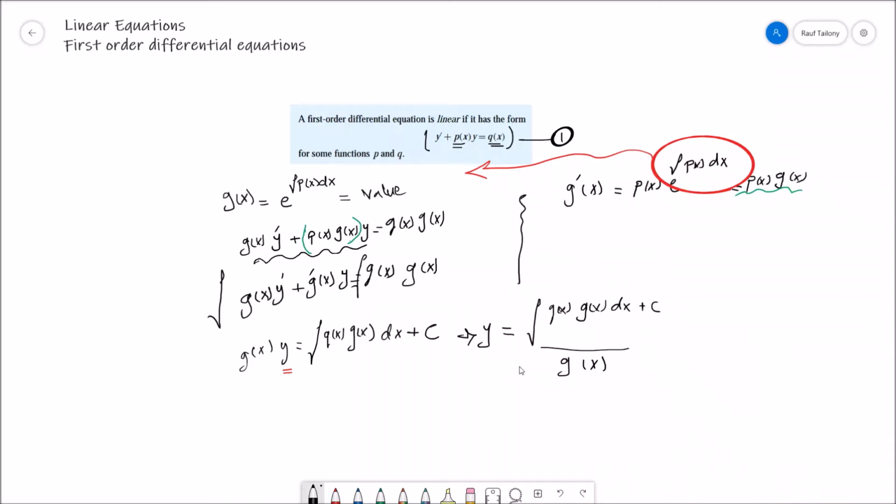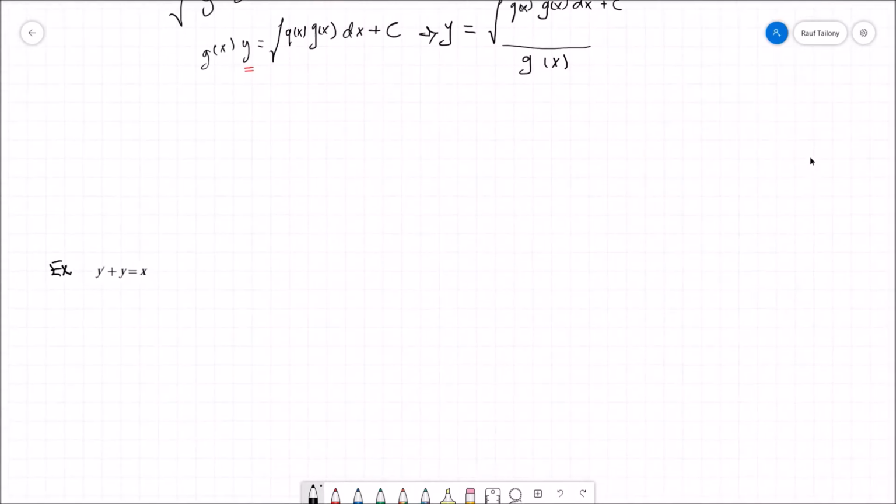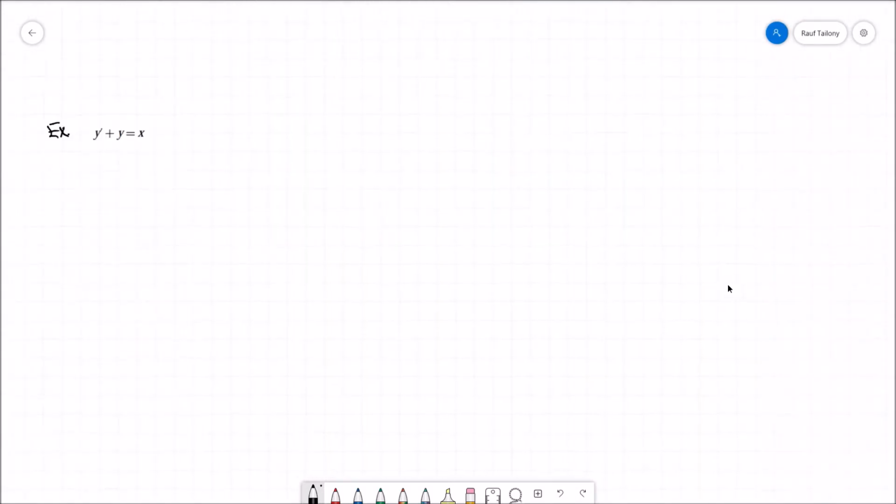Okay, now let's take an example. So we have an example in here. We have y prime plus y equal x. From what we learned, how are we going to solve it? First, we look at the differential equation and make sure it's linear in the form of y prime plus p of x y equal q of x.